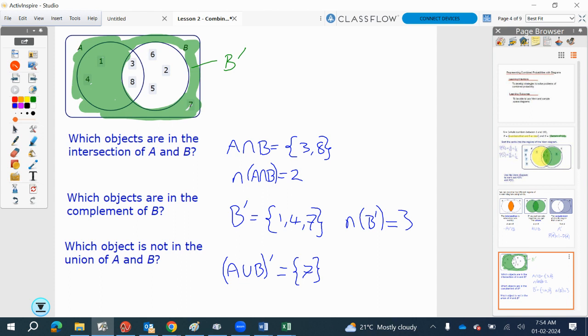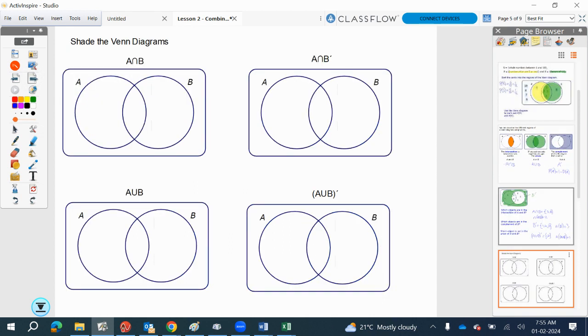How many elements in this set? 8. What? Because it's only 7. It's only 7. Oh, I mean, that one. Only 7.